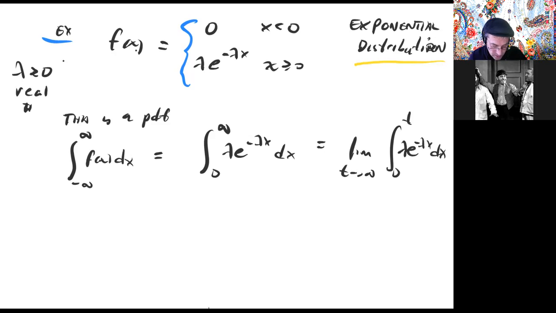And when you integrate, it looks like it's going to be minus e to the minus lambda x evaluated from 0 to t.